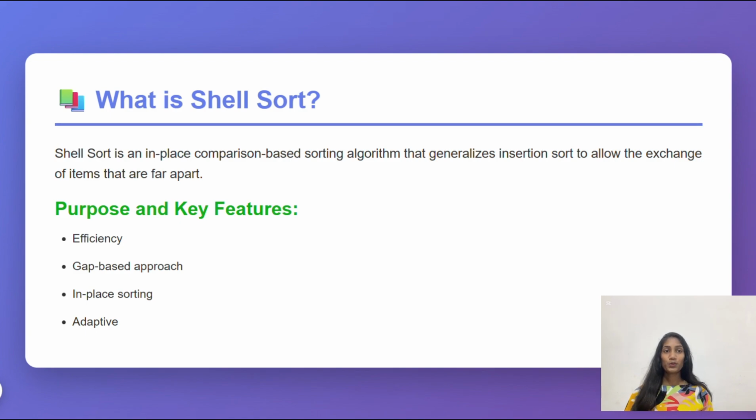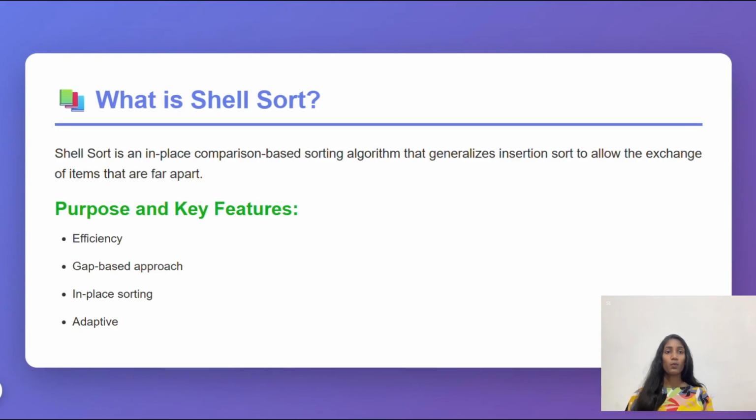It is an improved version of insertion sort. The main idea behind shell sort is that instead of comparing only adjacent elements, it allows the comparison and swapping of elements that are far apart. This helps reduce the number of shifts required to sort the data.